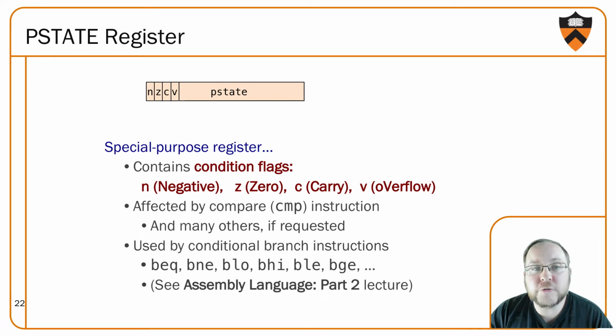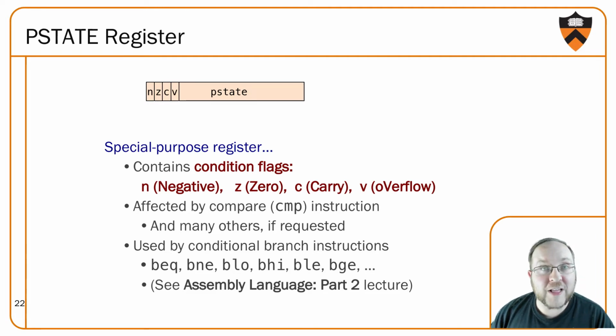The last special register is one that we didn't see in toy. In toy, our two branch instructions took a register as an argument. In ARM, they don't. Instead, before we do a conditional branch, we observe some characteristics of some previous instruction, typically a CMP or compare operation. For example, we might ask, did it set a flag for was the result 0?